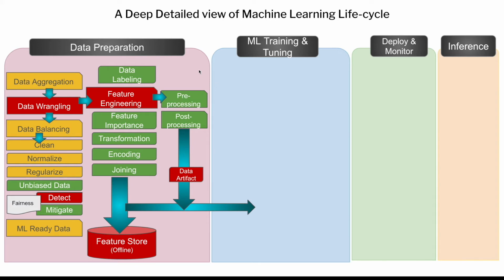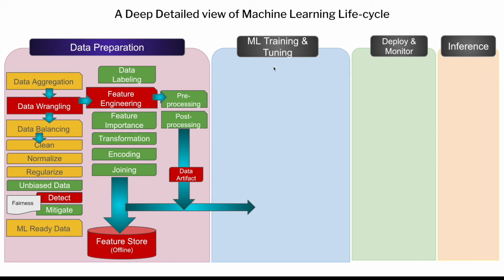So pre-processing and post-processing, this whole pipeline generates the data artifacts, which can also be used depending on whether you are trying to use them during machine learning or even the subsequent part of your machine learning pipeline. At this point, we can assume that the data preparation stage of our machine learning life cycle is completed, or discussed in a way that it's almost ready, so that the output of this stage can be fed into the machine learning training.